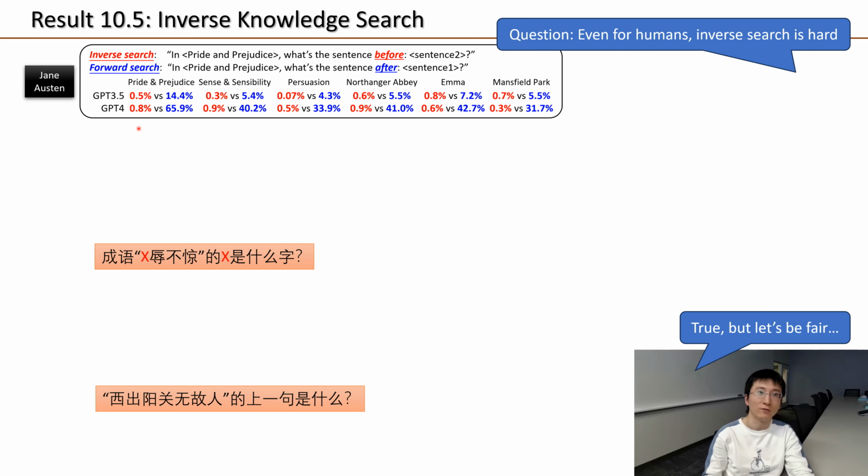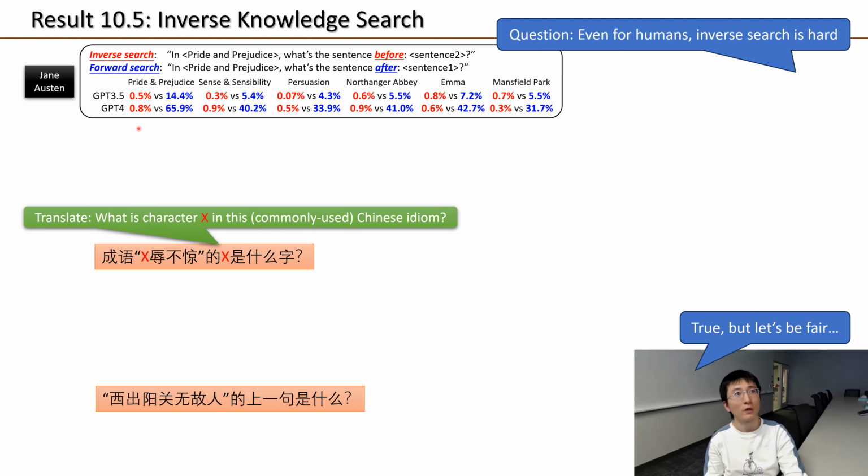As a Chinese native speaker, I came up with 2 Chinese examples, but I will explain to you what they mean. The first task is to study Chinese idioms. Chinese idioms are 4-character words and we can mask out one of the 4 characters, like the first, the second, the third, and so on, and then ask, for instance, GPT-4, what is the missing word, right?